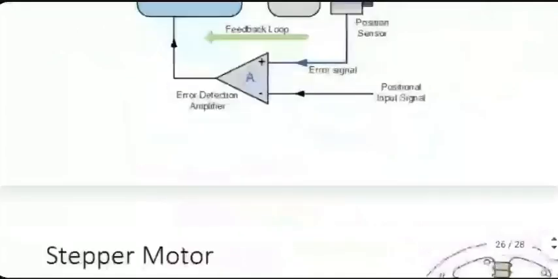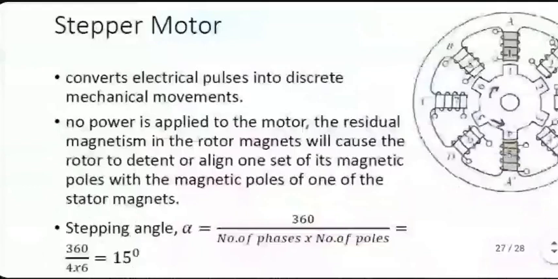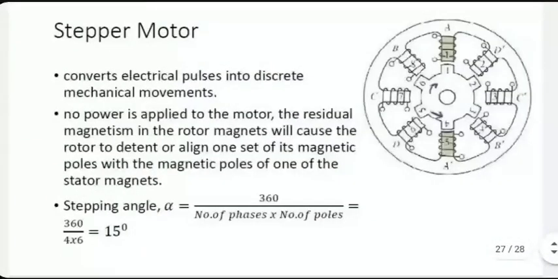Also, there is another application called stepper motor where output is not a continuously rotating machine, but something that moves depending on the input voltage. The input voltage in that case is generally a series of pulses. So for each pulse, the rotor rotates by a few degrees, by a well-known value of angle.